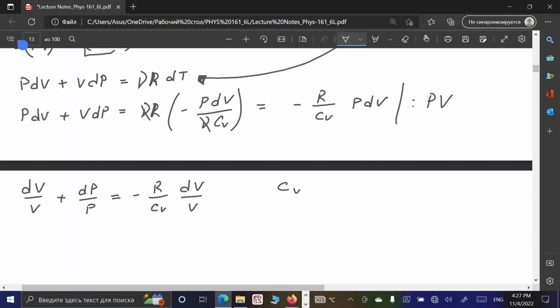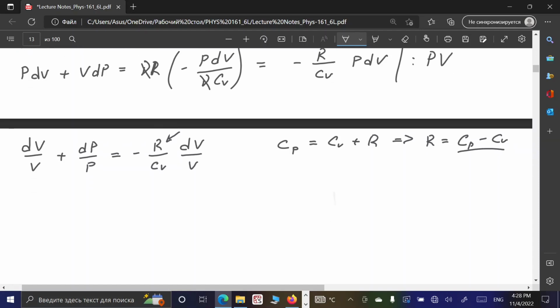CP, specific molar heat capacitance at constant pressure, is equal to CV plus R. From here, we can write that R, universal gas constant, is equal to Cp minus Cv. And now we can substitute it here. So let us do it.